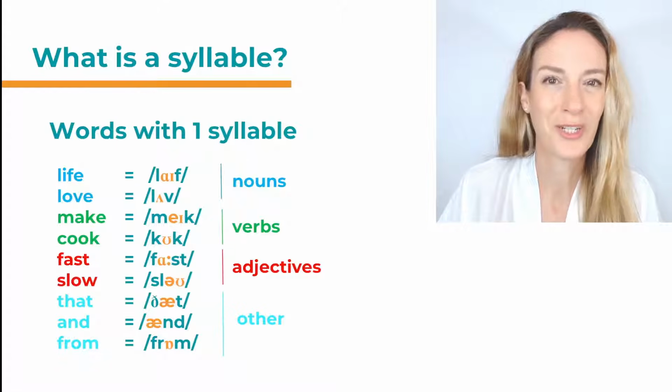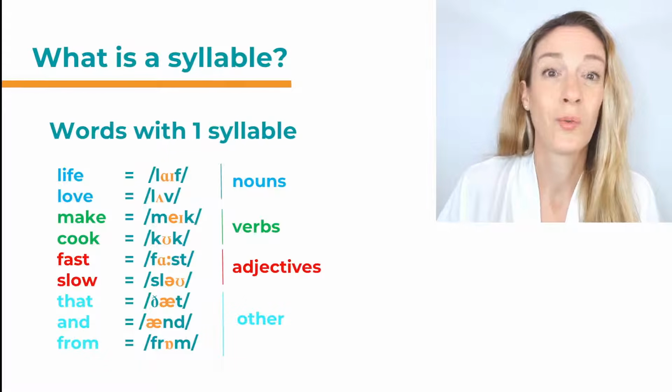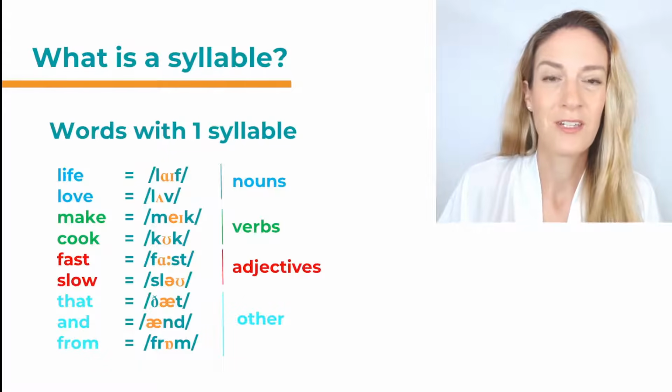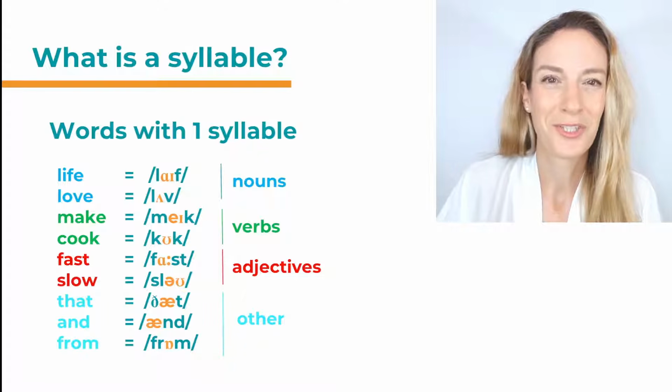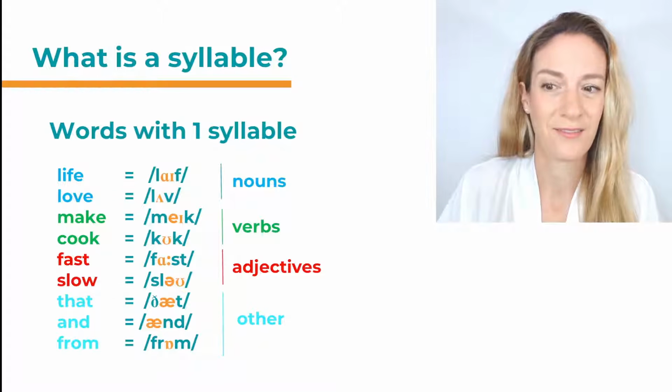Here are some more example words, all consisting of exactly one syllable. And I've given you some nouns, verbs, adjectives, and then a little collection of words that belong to other groups. Let's have a look. Life. Here we have I. Love.